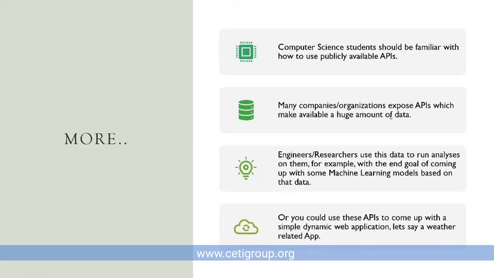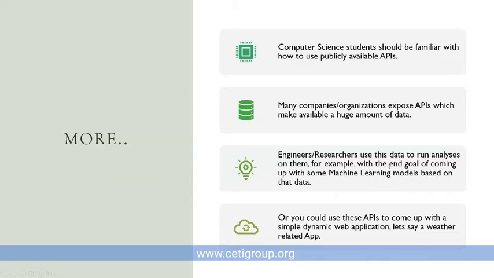As I mentioned, many companies and organizations expose APIs which make available a huge amount of data. And this comes in very handy when you want access to data, and on that data you want to do some kind of project work. Engineers and researchers, even people doing PhD and big academic work, also use either freely available data, or they probably even pay for data to run analysis on.